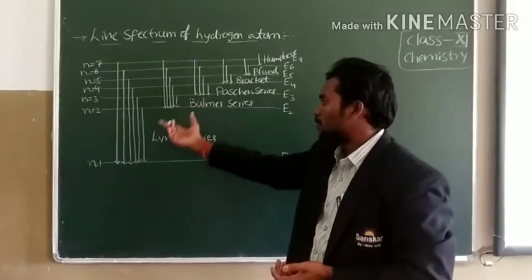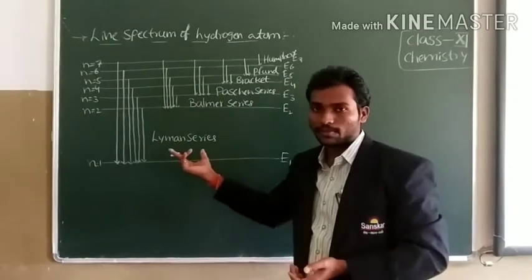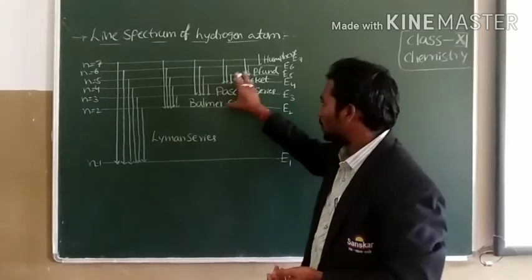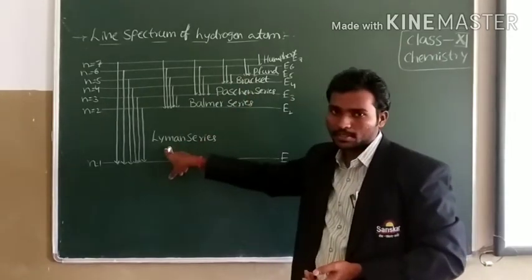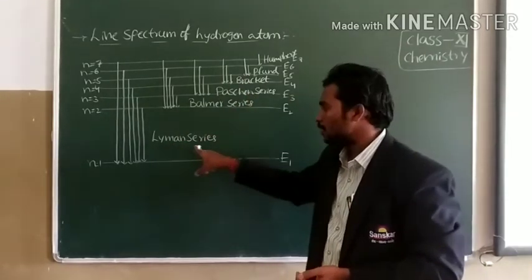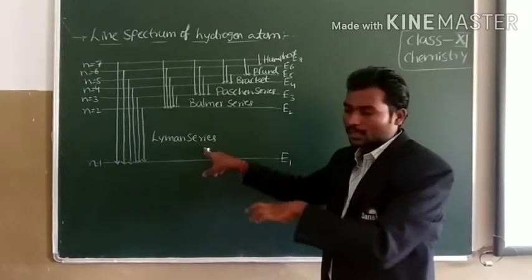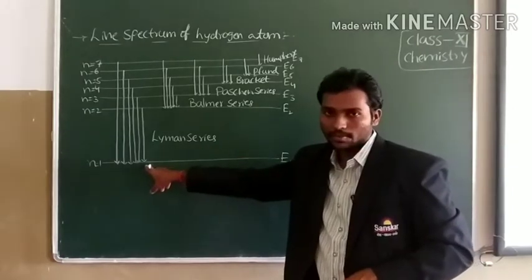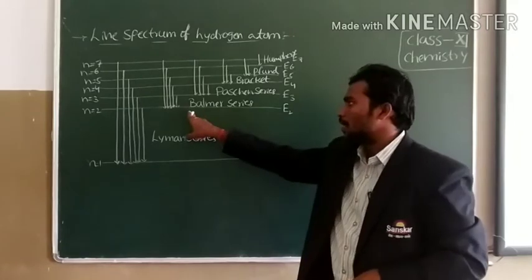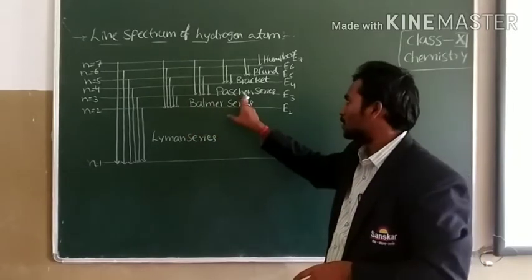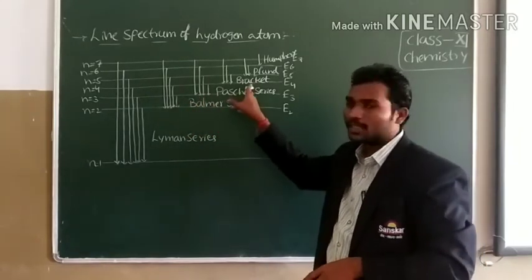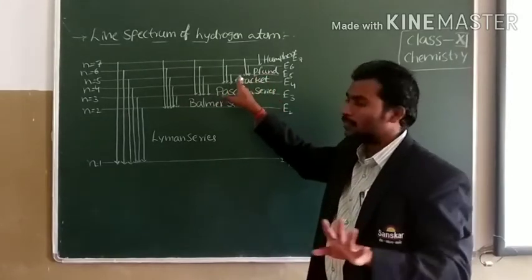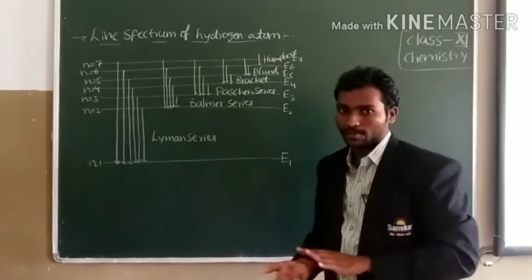So they observe different spectral lines in different series, and they named them Lyman series, which means the series of spectral lines observed in the first energy level. Balmer series in the second energy level, Paschen series in the third energy level, Brackett the fourth level, Pfund the fifth level, and Humphreys the sixth level.